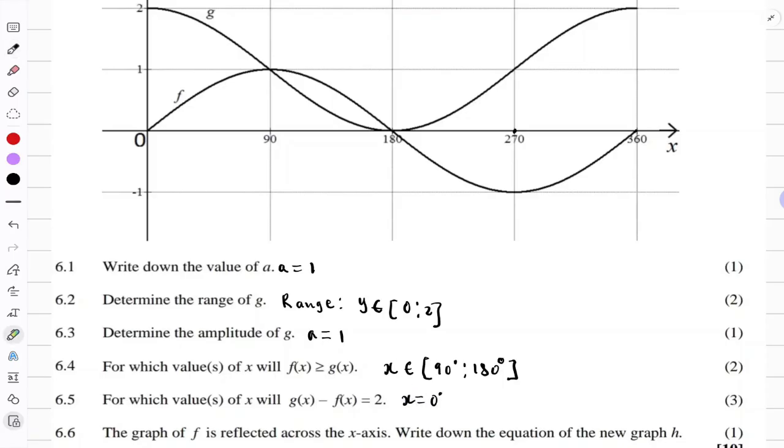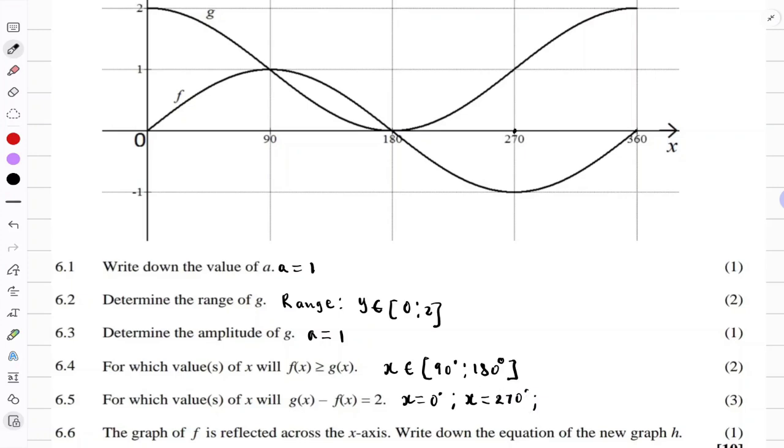So our first solution is x equals 0 degrees. And this also happens at x equals 270 degrees, because you can see g of x is above f of x by 2 units. It is 1, 2. So the second solution is x equals 270 degrees.